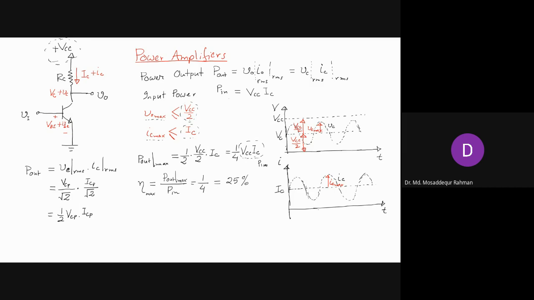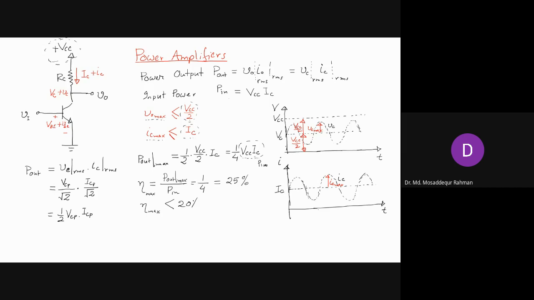These are the maximum values, but we cannot reach exactly these maximum values. We have to stay a little bit lower than these values. So considering all these factors, the maximum efficiency for these amplifiers is usually less than 20%.